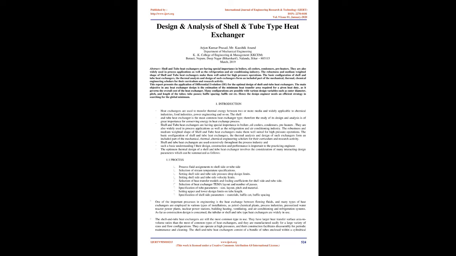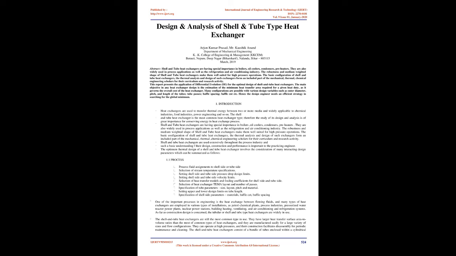1. Introduction. Heat exchangers are used to transfer thermal energy between two or more media and are widely applicable to chemical industries, food industries, power engineering, and so on. Process fluid assignments to shell side or tube side. Selection of stream temperature specifications.